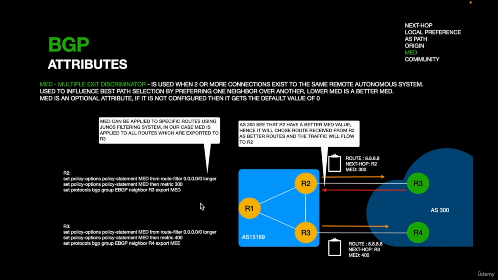You can apply MED to a specific route using the Junos filtering system. In this case, it is using route filter all zeros or longer, which means that any route sent to R3 will have a MED value of 300, and it is also applied as an export policy to neighbor R3.